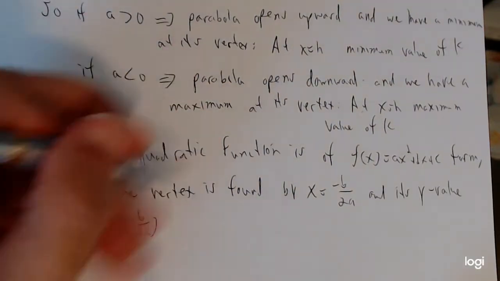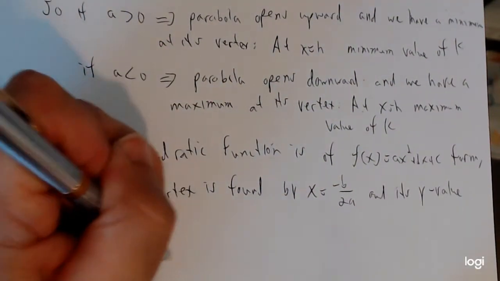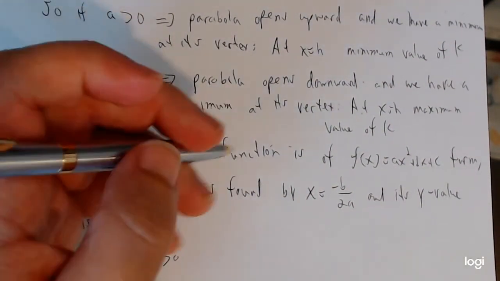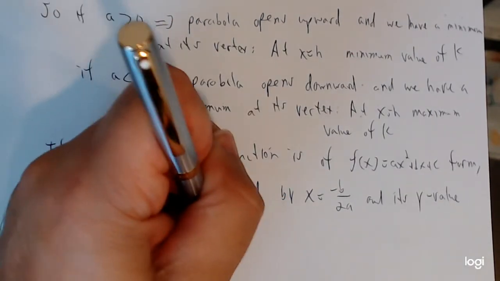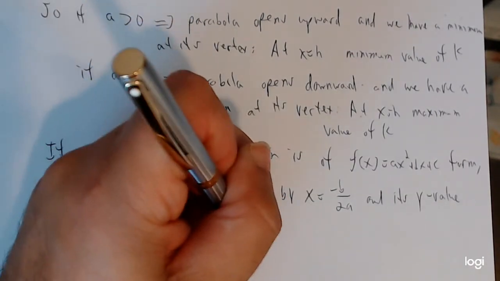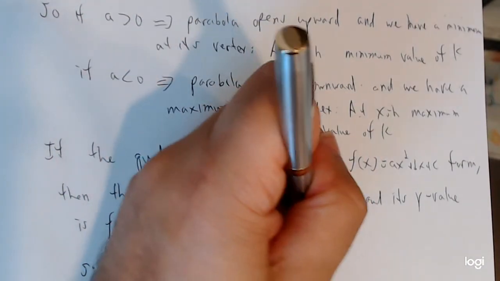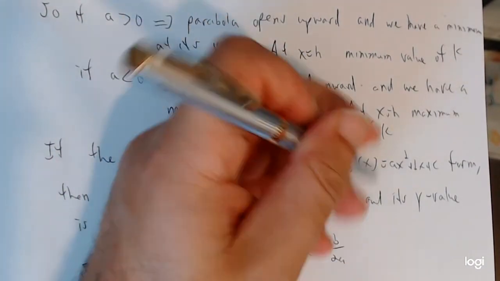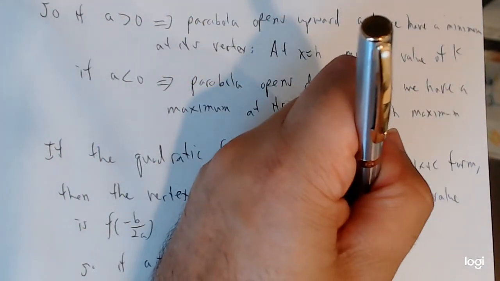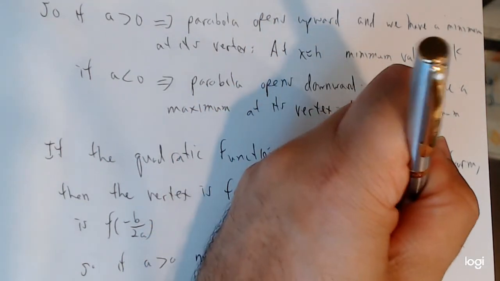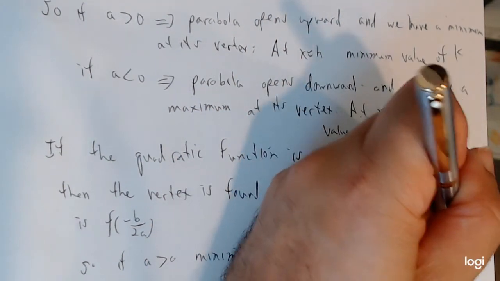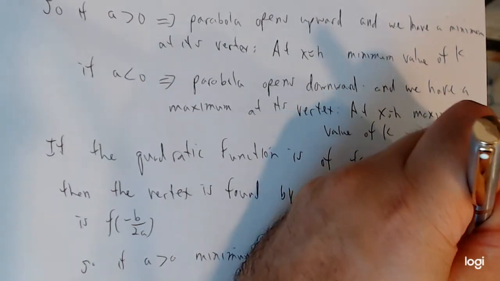So once again, if a is greater than 0, what do we know? Our minimum is at x equals negative b over 2a, with minimum value of f of negative b over 2a.